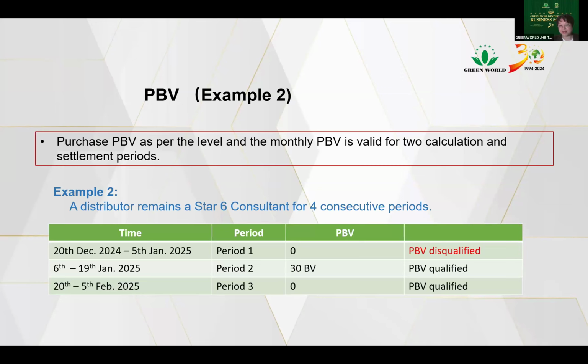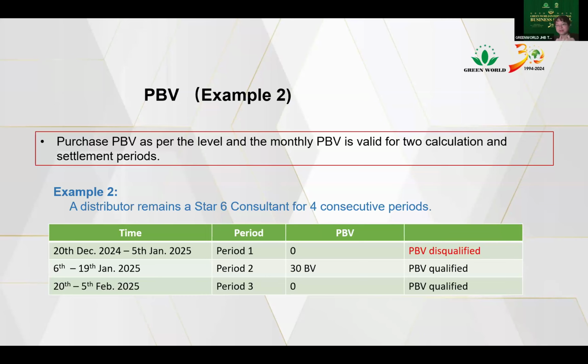So it means he failed or was disqualified for the personal BV in the first period. And then if that person buys the 30 BV in the second period, from the 6th to 19th, we only consider that in the second period, that person qualified for personal BV.